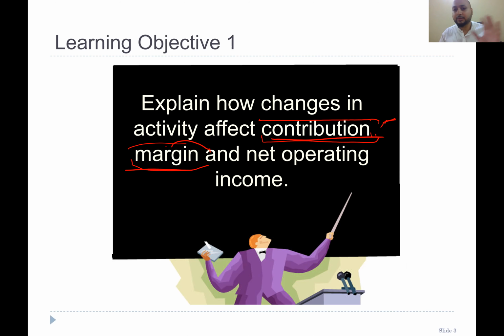To simplify, pay close attention to the word, and then you can derive your own definition, and it will help you grasp the concept and retain it for a longer period of time. So contribution, how much we are contributing to the margin. It involves variable cost as well as sale price. Let's explore this concept.